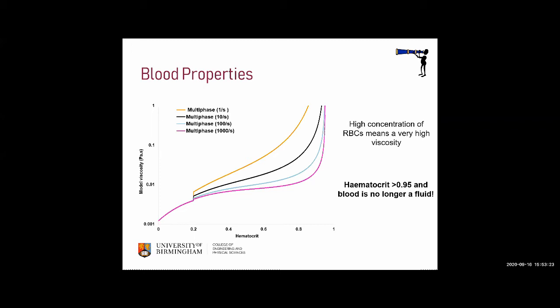When you get above a hematocrit, which is the concentration of red blood cells, of 0.95, blood is no longer a fluid at that point because you have such a large concentration of cells in one place that blood no longer flows through an artery. It will completely just build up and stick in one place. So the concentration that we can see in this kind of model has a really big impact on how blood flows.